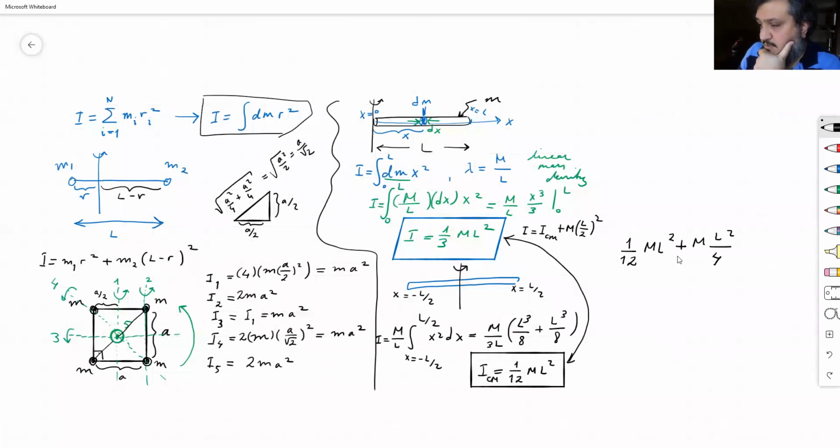So multiply this by 3 plus 1, 4 m L squared over 12, which is a third m L squared.